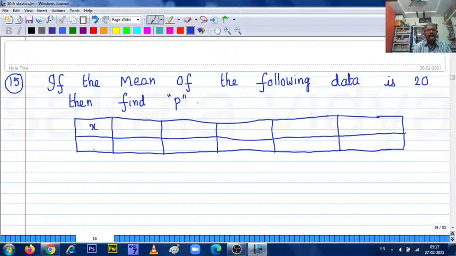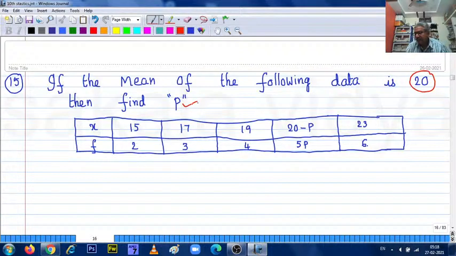Frequency f: 15 is 2, 17 is 3, 19 is 4, for 20 minus p the frequency is 5p, and for 23 it is 6. If the mean of the following data is 20, then we need to find out the value of p.